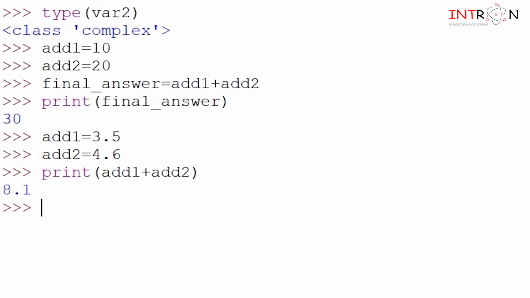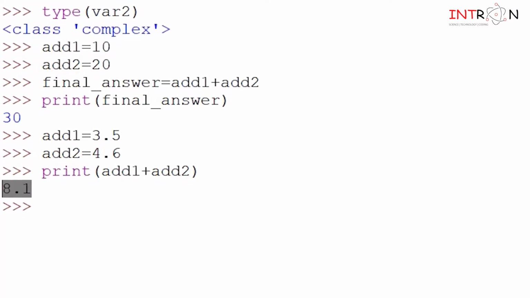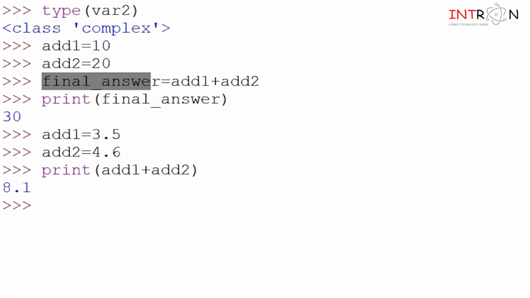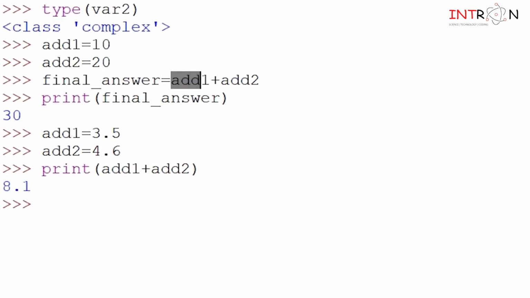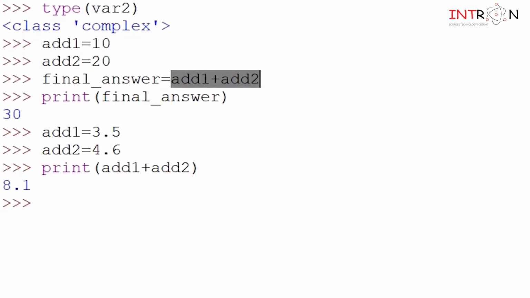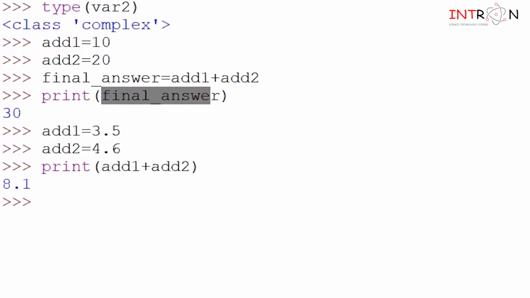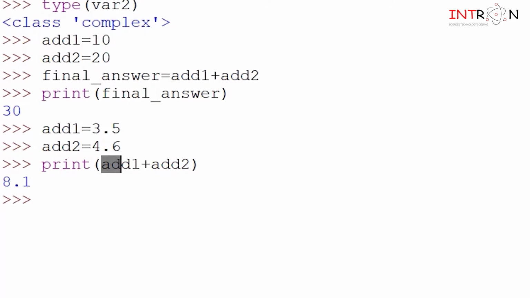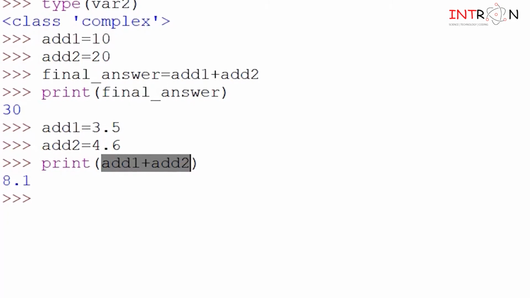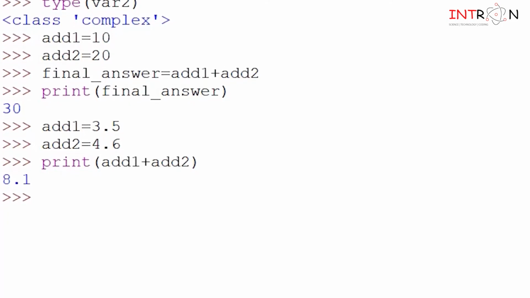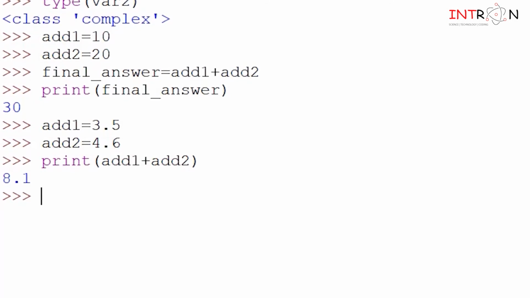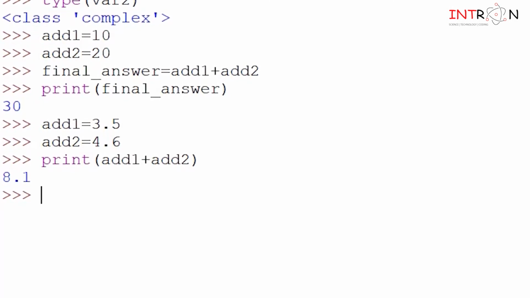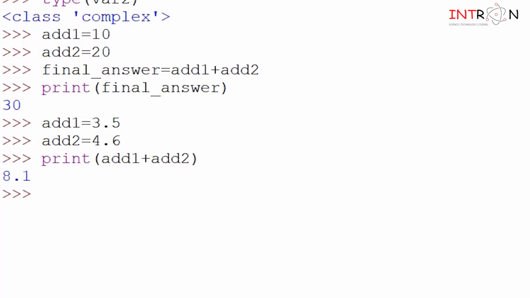Here is our output, that is 8.1. Here we created one variable, final answer, assigned the addition value to that variable and then printed that variable. In the other case we have not created any variable. In the print function we directly added the values and printed them. You can do it either way, it depends on you. So you can do addition, multiplication, subtraction in float also.